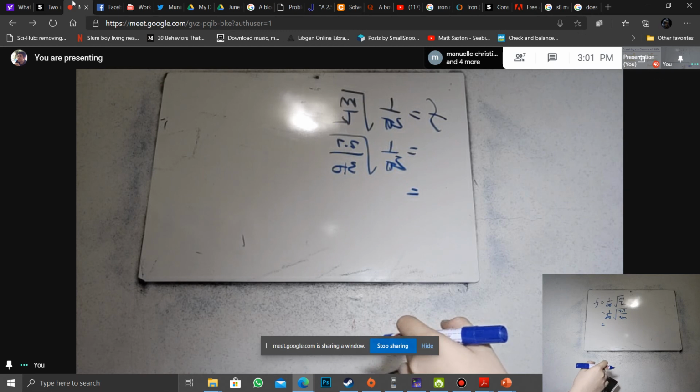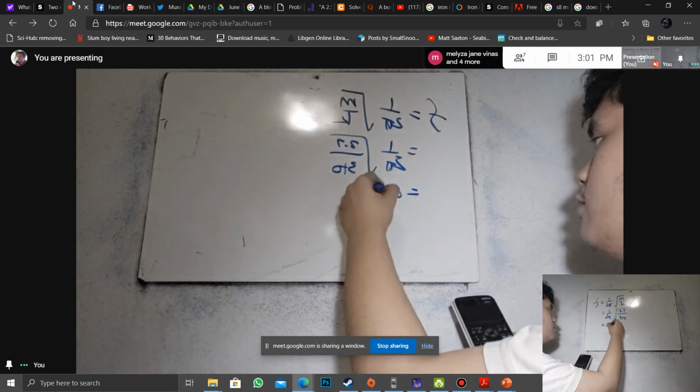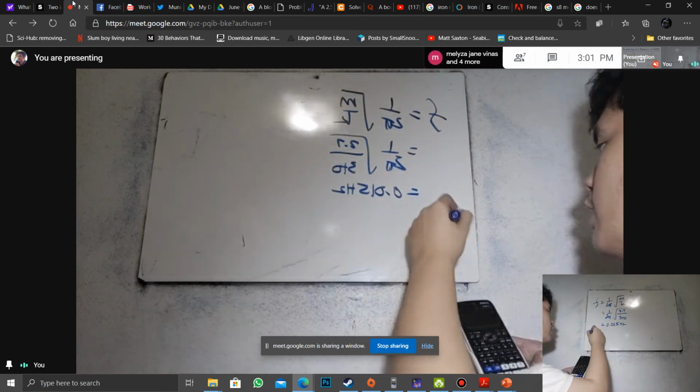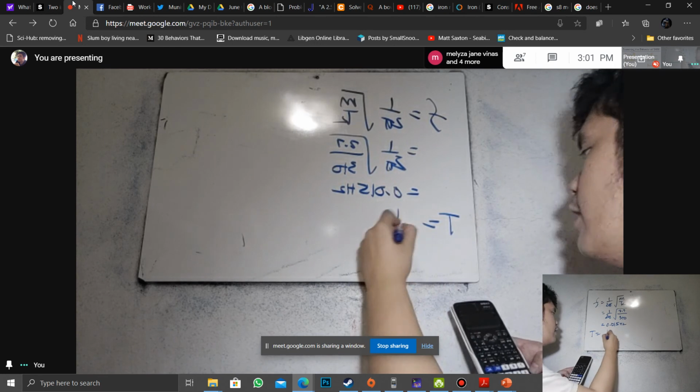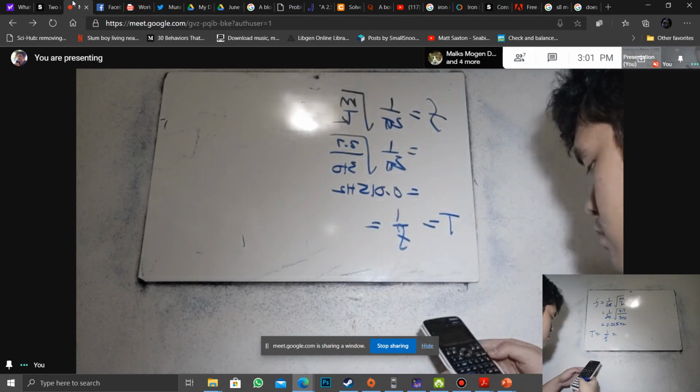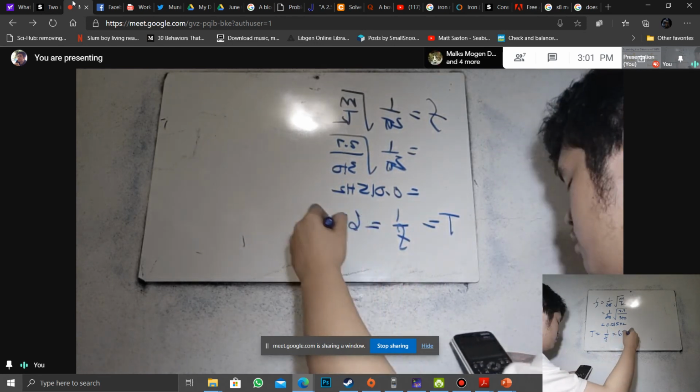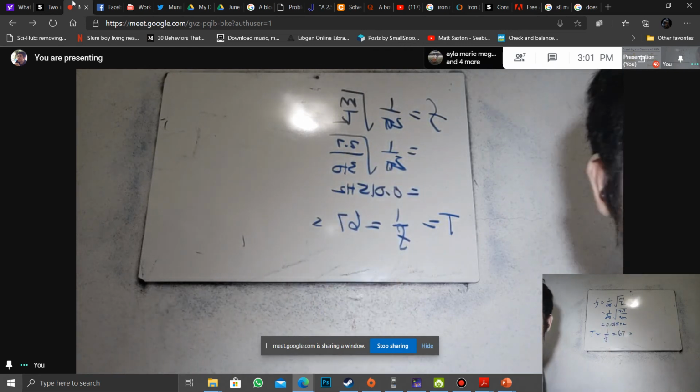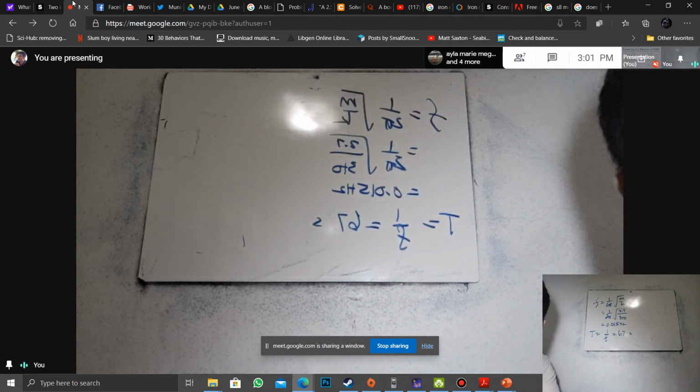That's 0.015 hertz. Then get T, 1 over f, which is 67 seconds. That's what I got, and I'm quite sure of that.